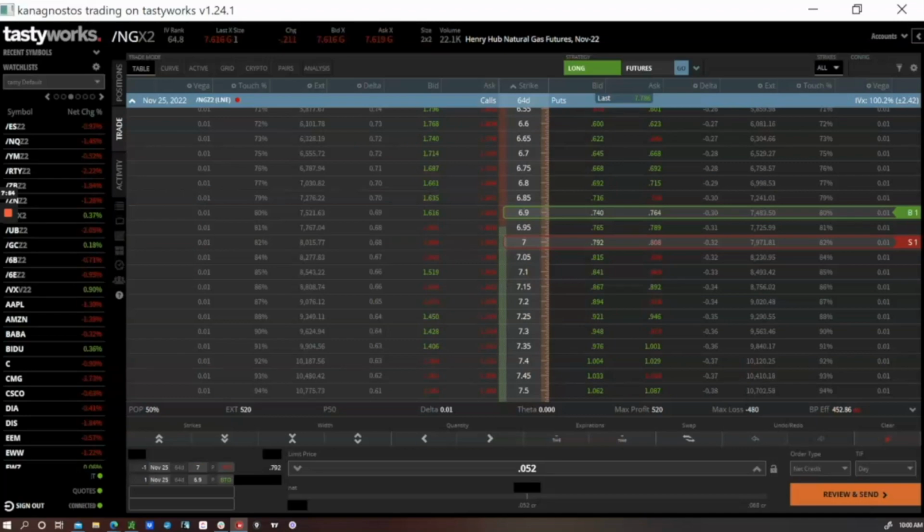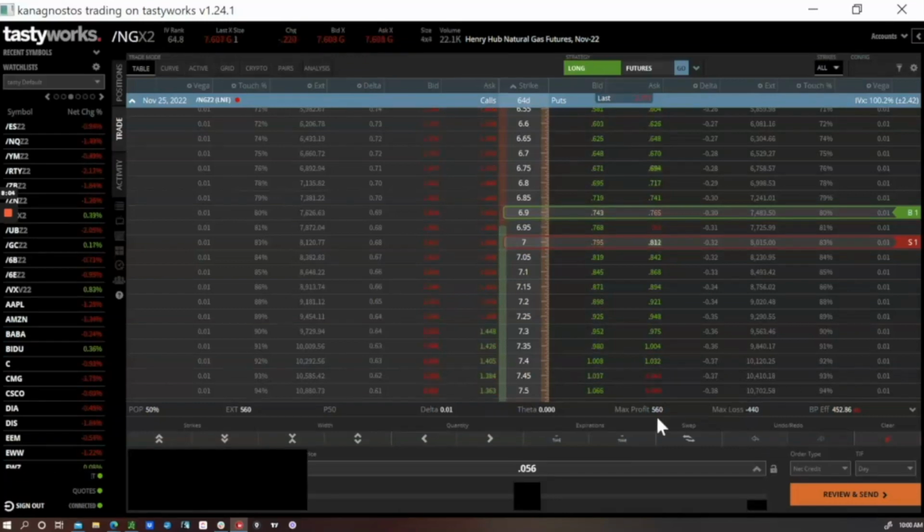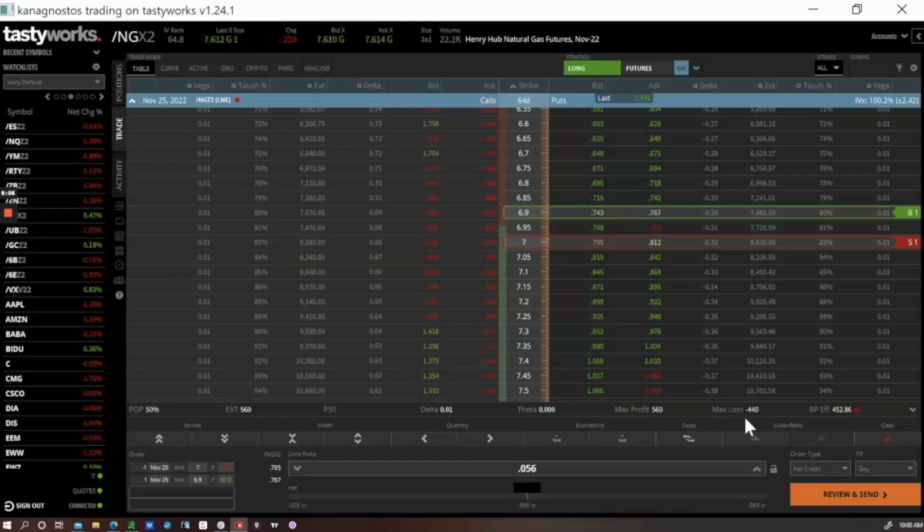Because the spread is worth $1,000, that means your max loss is the width of the spread minus the credit collected. So if your max profit is $550, your max loss is $440, and that is also going to be your capital requirement to put on the trade.